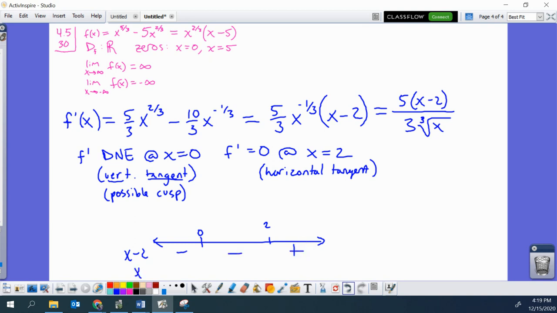And then the cube root of x, the x to the 1/3 factor, which is going to be negative until 0, and then it's going to be positive. Of course, the 5/3 is just a constant multiple and it's positive. You could throw it on either one of these or just leave it off. It's not going to affect the sign. Anyway, 2 negatives make a positive. This makes a negative, that's a positive.